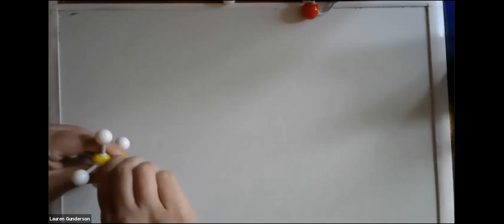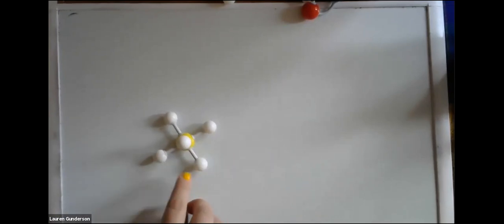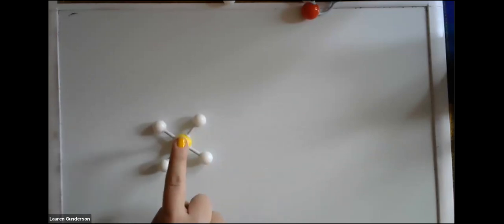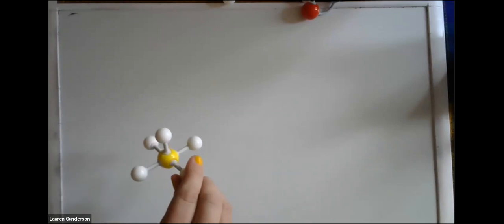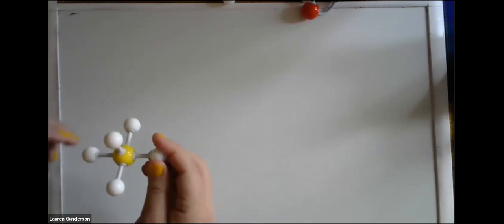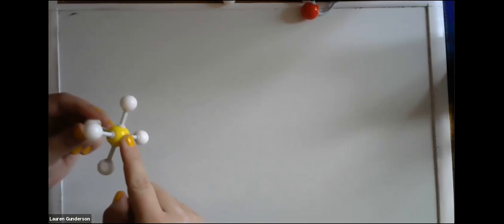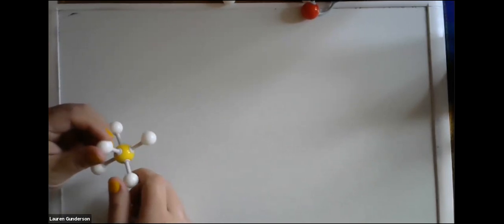Wherever you remove it, what you end up with is a shape that looks like this. Okay, so now you end up with something that looks like a square pyramid. So if you connected all of these sides and then connected them up to the apex here, you end up with a square pyramid shape. Okay, but none of these angles are going to be perfect because there is going to be pushing from the lone pair that's on the base here. It's going to push all of these up a little bit. So none of your angles are going to be exactly 90 degrees from one another.